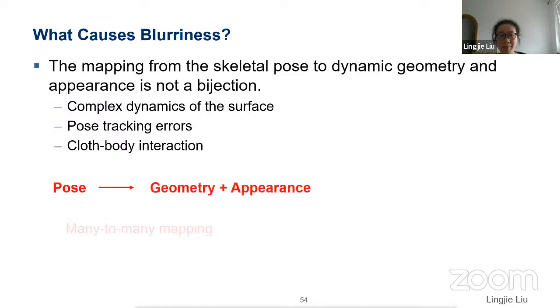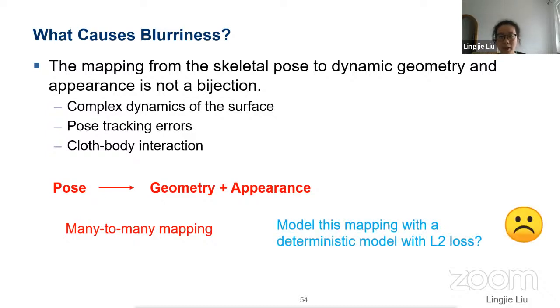As a result, the mapping from skeleton pose to dynamic geometry and appearance is not bijective. This mapping cannot be learned reliably using a deterministic neural model with a maximum likelihood objective, such as our currently proposed model. One way to address this issue is to apply an adversarial loss to prevent training from converging to the mean value.